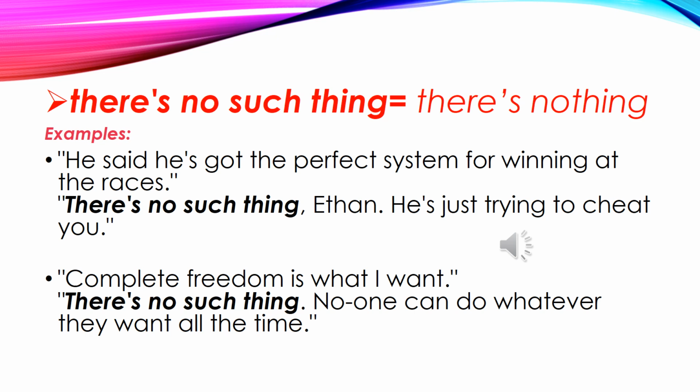So there is no complete freedom according to the speaker's point of view. Which means that he doesn't think that complete freedom does exist. He doesn't believe in it. That is why we use this expression, there is no such thing.